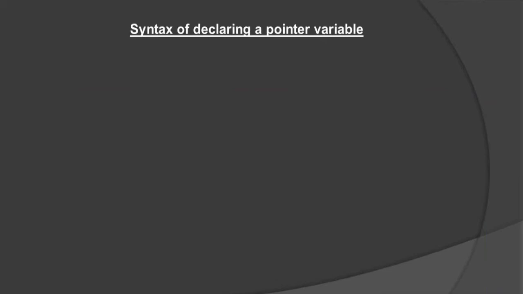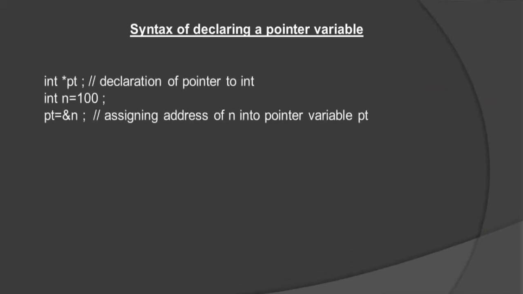Now we will see the syntax of declaring a pointer variable. For example, I want to declare a pointer variable which can store the address of an int variable or int array element. I will declare this pointer variable with any name, for example, pt. The syntax goes like this. First, we mention the data type.